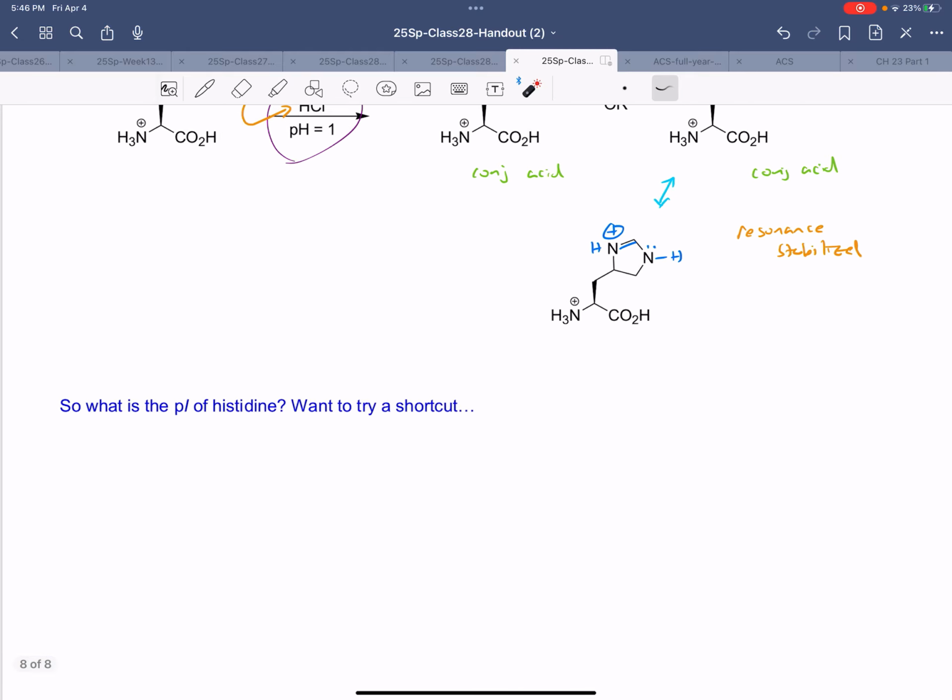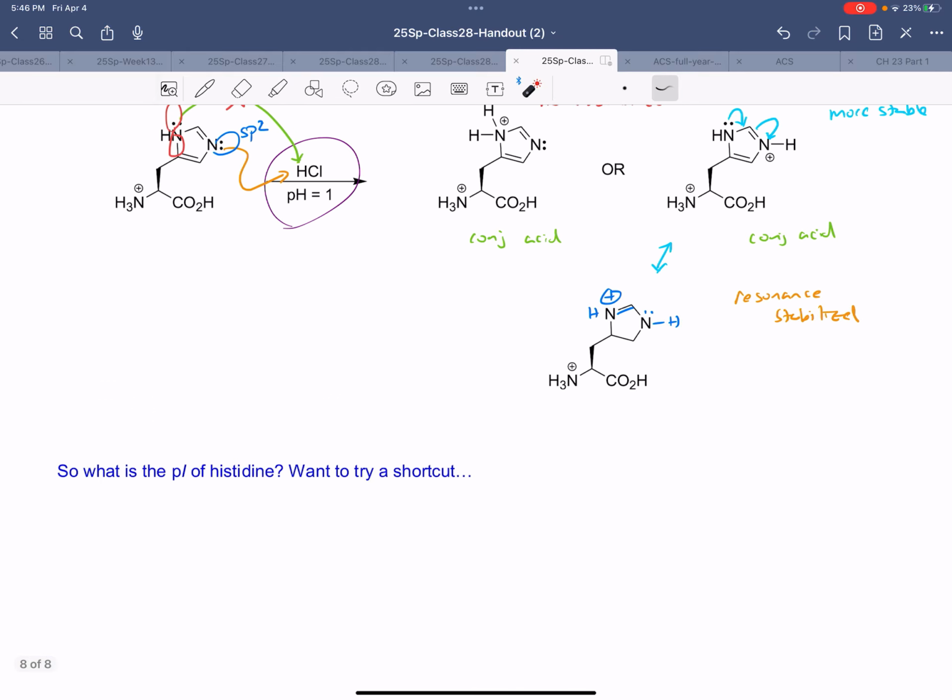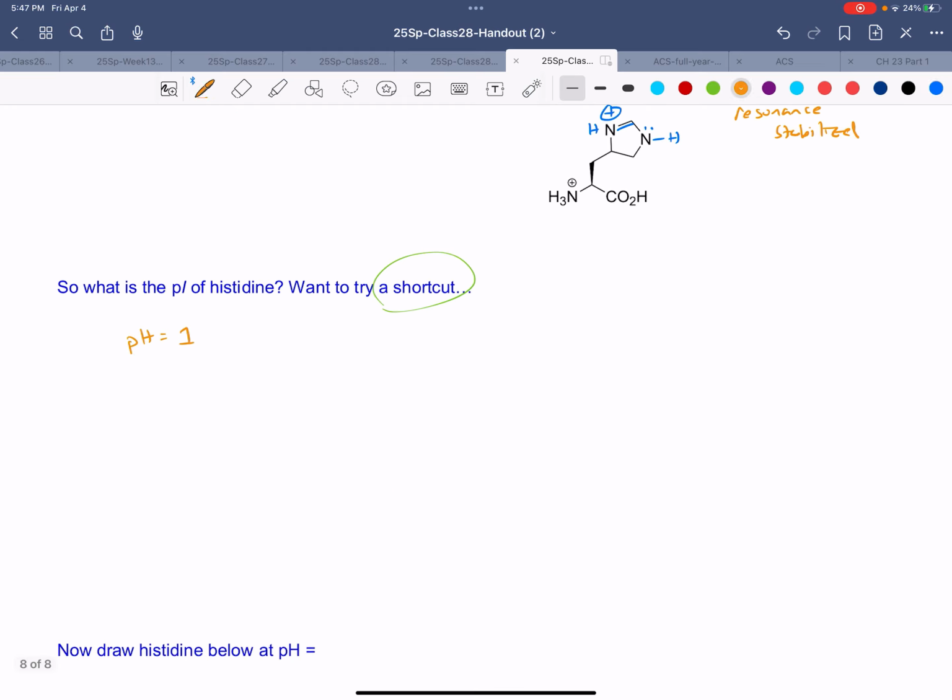So for histidine, I said I'm going to do the shortcut. I'm not going to do the full shortcut. I want to at least draw the beginning at pH 1. So at pH 1, we have the protonated amino group. We have the protonated carboxyl group, which is neutral.